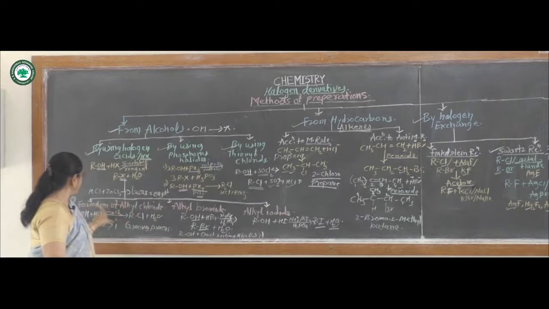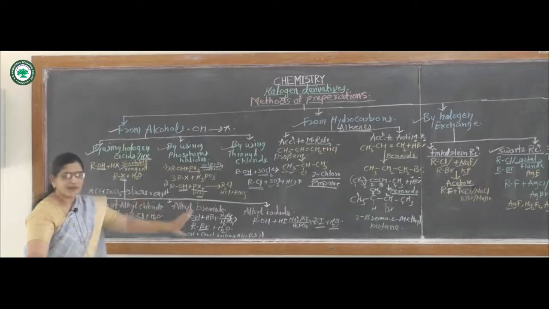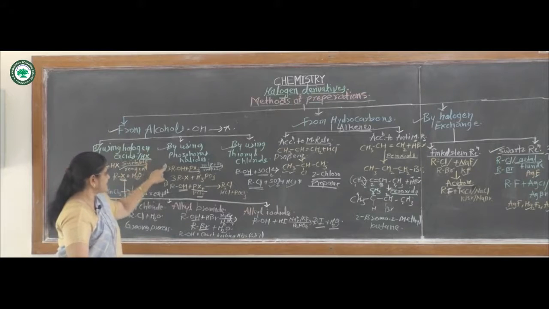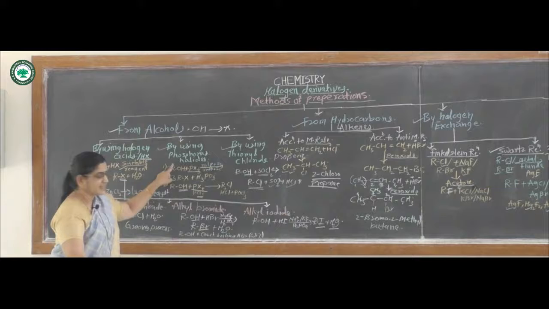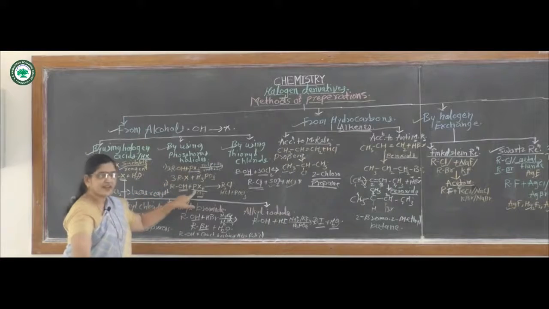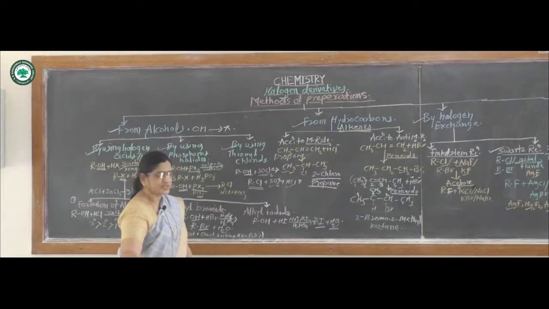Again, by using halogen acid there are three reactions: formation of alkyl chloride, alkyl bromide, and alkyl iodide. Then by using phosphorus halides there are two reactions: with phosphorus trihalides and with phosphorus pentahalides. The third reaction is by using thionyl chloride, that is ROH plus SOCl2.